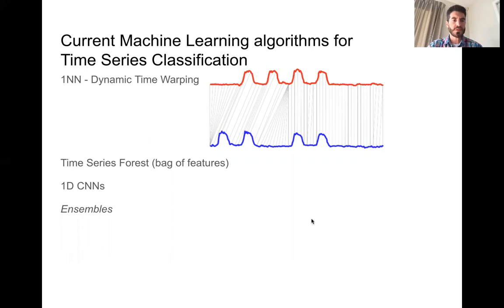These time series features can be placed into a forest classifier to come up with a time series forest classification. Other approaches use one-dimensional convolutional networks, and in general, all of these could be combined into an ensemble approach, which gives the general state-of-the-art practice right now: to use lots of different kinds of feature extraction and ensemble models.